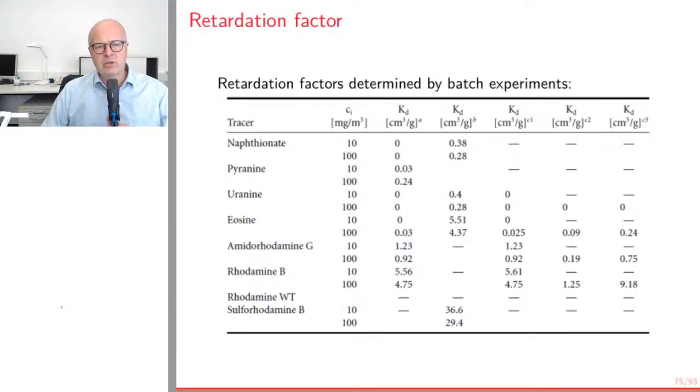Eosine is good for low pH. Pyranine is good if you want to quench it and use it with another tracer. Naphthionate has the advantage of a separate emission excitation spectrum, a bit less visible, although less efficient. So they are all okay for groundwater. Amidorhodamine, sulforhodamine, no way. They will simply get stuck to your soil and be sorbed so much that you cannot use the experiment by any means to estimate flow velocities.